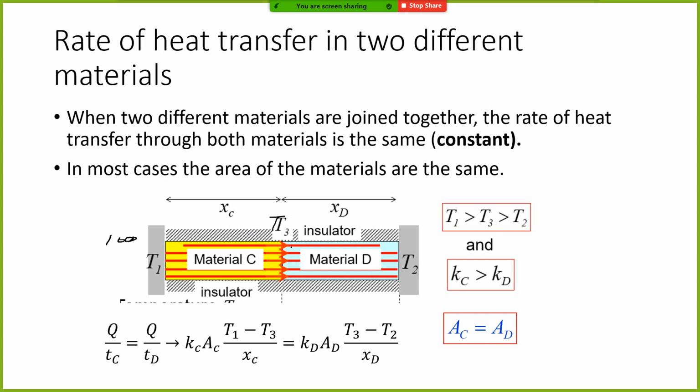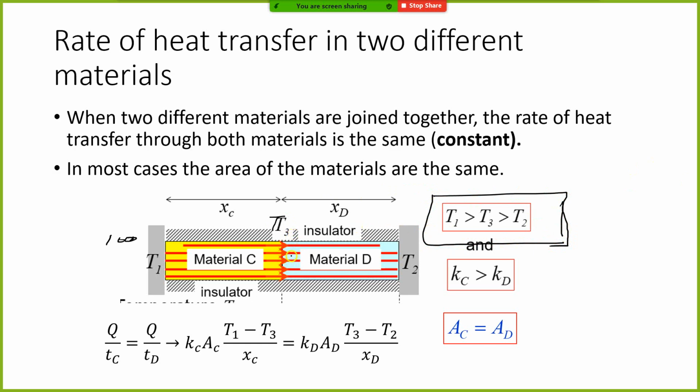By the time you reach T3, that temperature is going to be less than T1. And when you reach T2, that temperature is going to be less than T3. As you can see right here, this is just explaining what is happening with the temperatures.